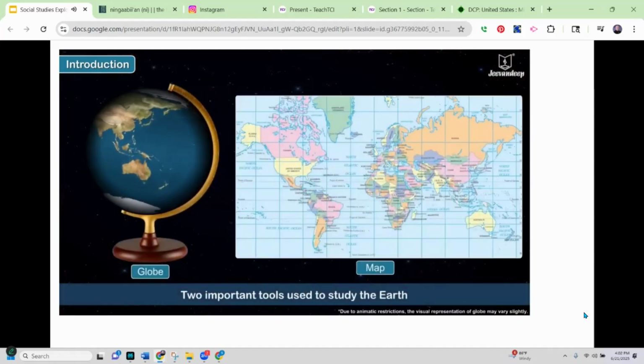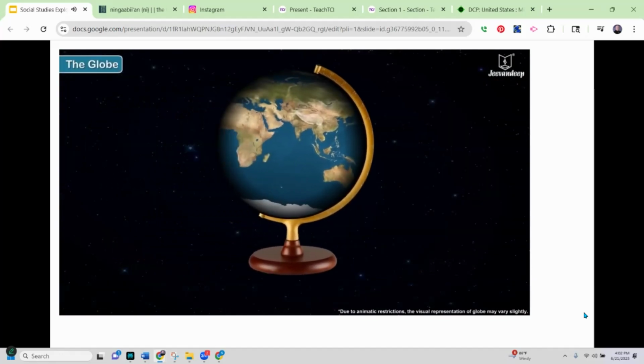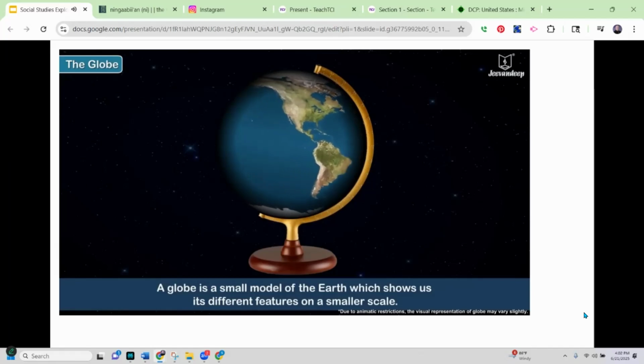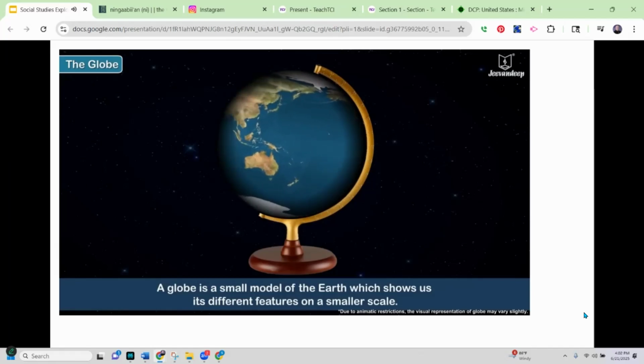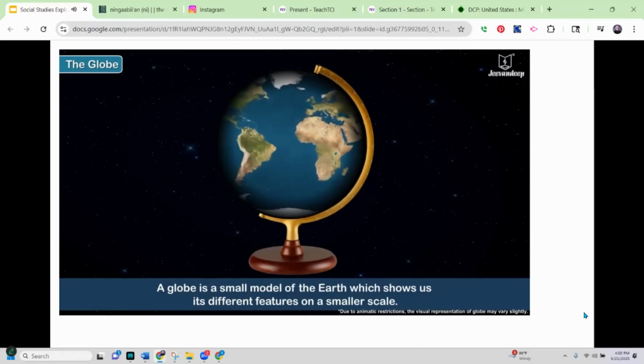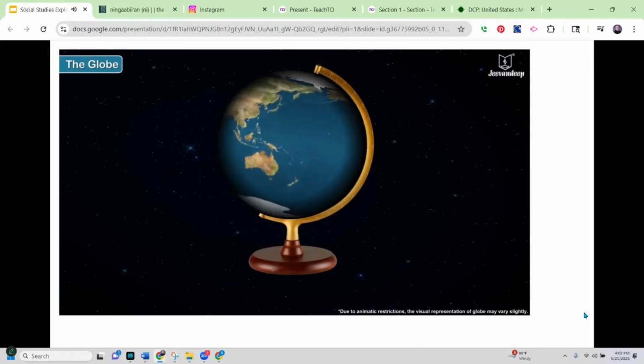Two important tools used to study the Earth are globes and maps. The globe. A globe is a small model of the Earth which shows us its different features on a smaller scale. The picture shows you what the Earth looks like.